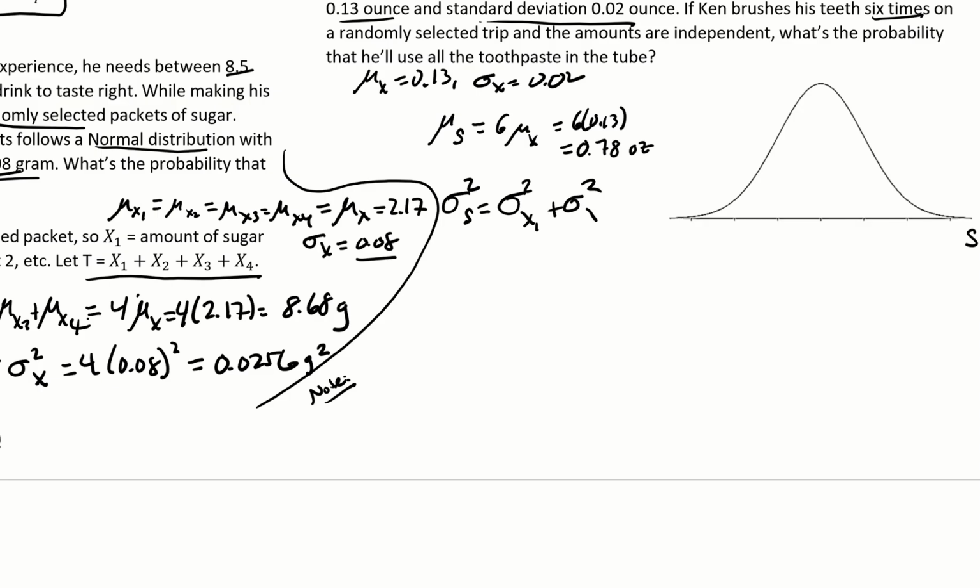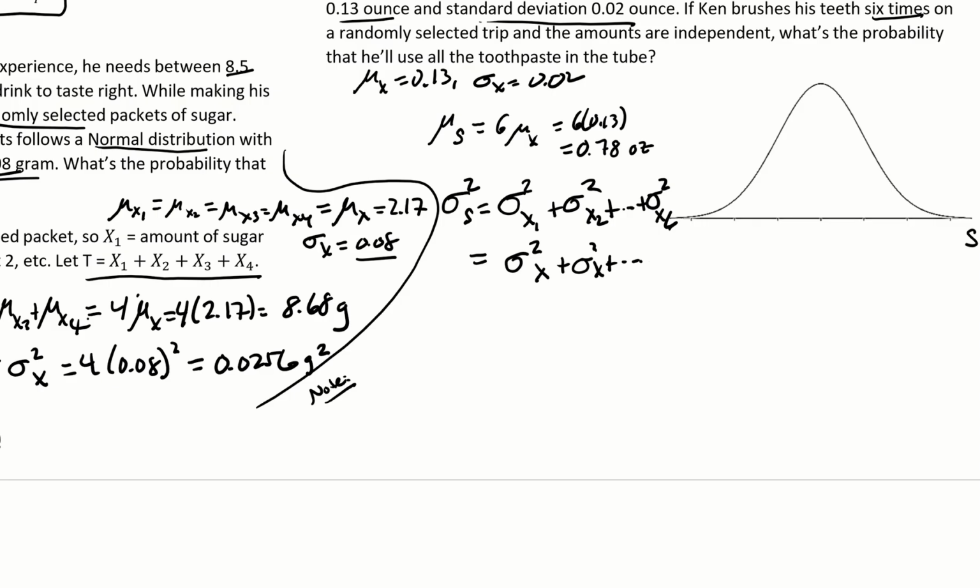So we'll start there, dot dot dot all the way to x6. And we know that the individual standard deviations are the same for all of them, so this is equal to sigma squared x plus sigma squared x, 6 times.